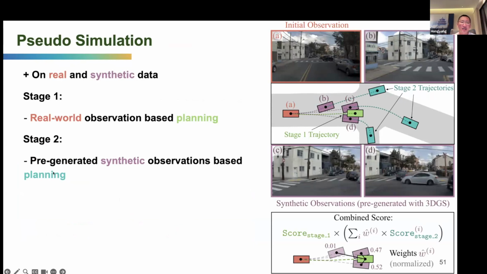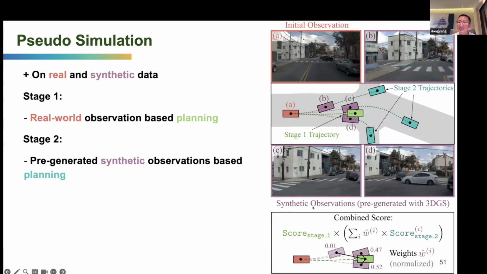And stage two is a pre-generated synthetic part. So you can imagine there are lots of possible observations based on planning, right? So in this example, we list three trajectories, labeled B, C, D. You can also set this hyperparameter as 10 or 100. So given this example, we have the purple one.